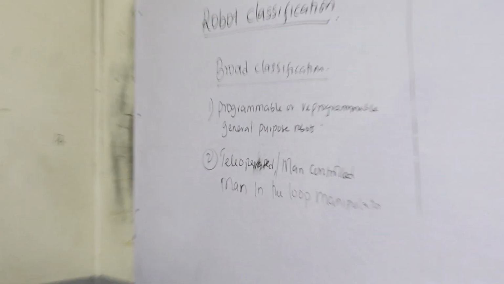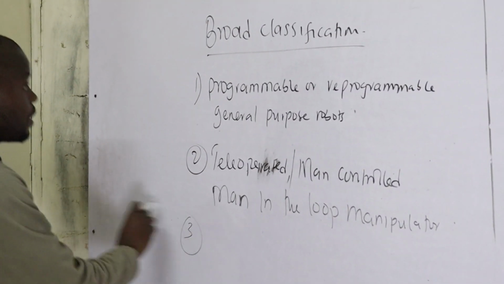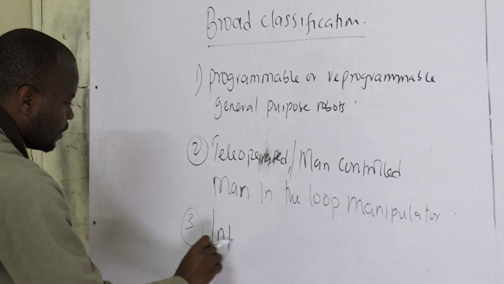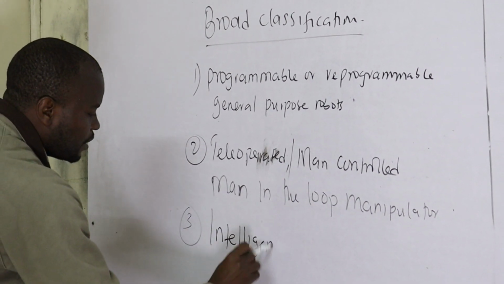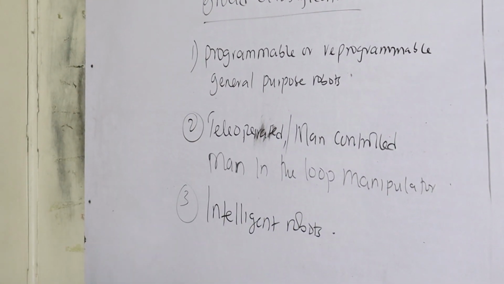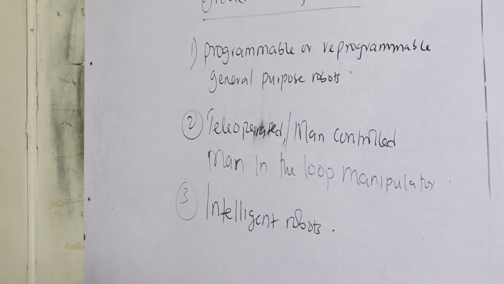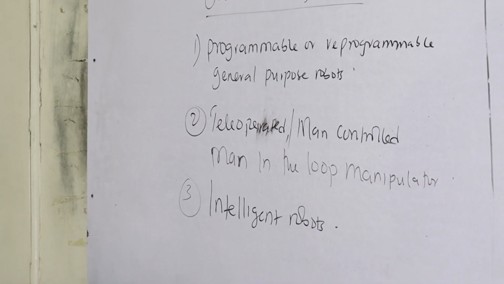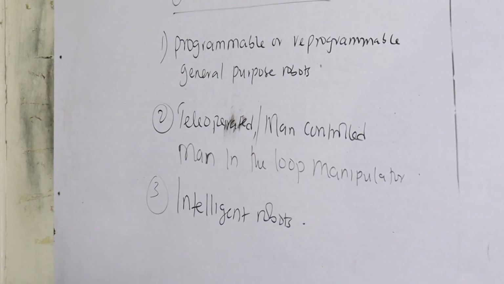The other one, under still broad classification, we can talk about what we call intelligent robots. When you talk about intelligent robots, we are simply talking about the very advanced state-of-the-art robot.